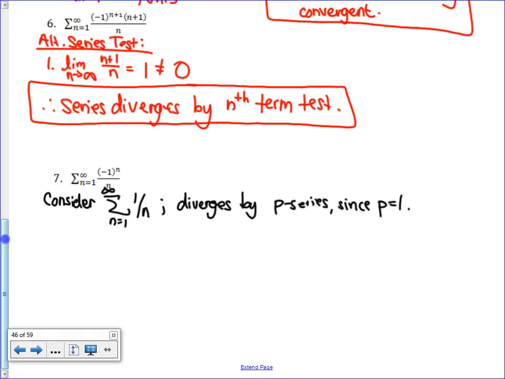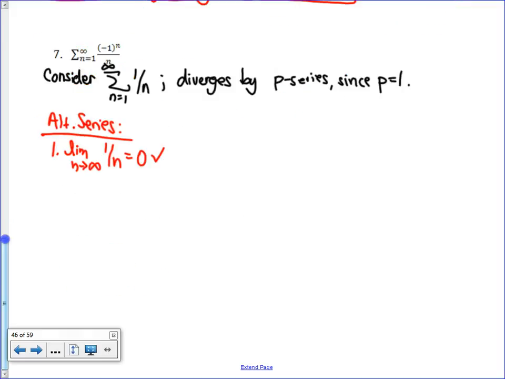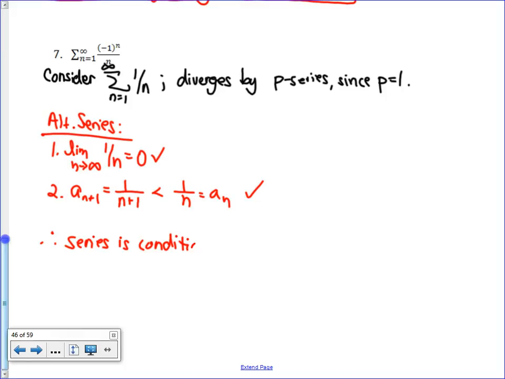Alright, now the absolute value diverges, and by alternating series, you guys got conditionally convergent?